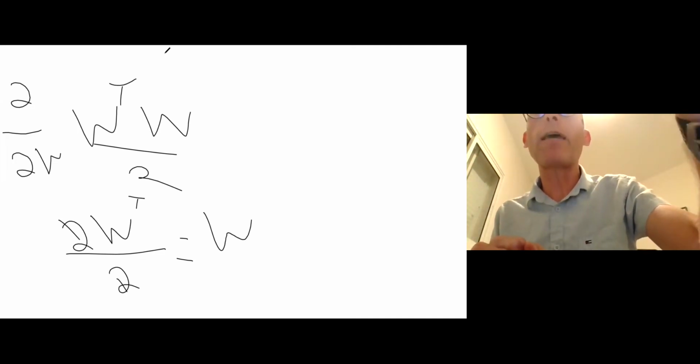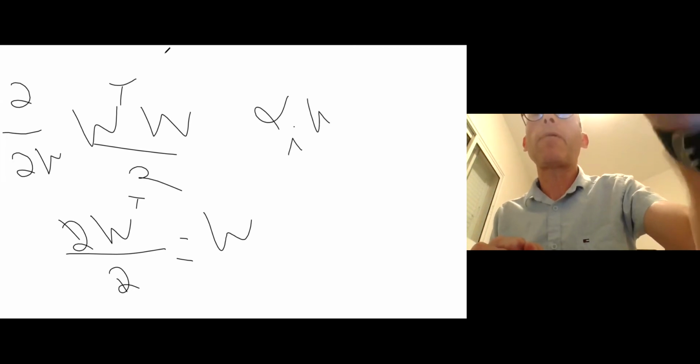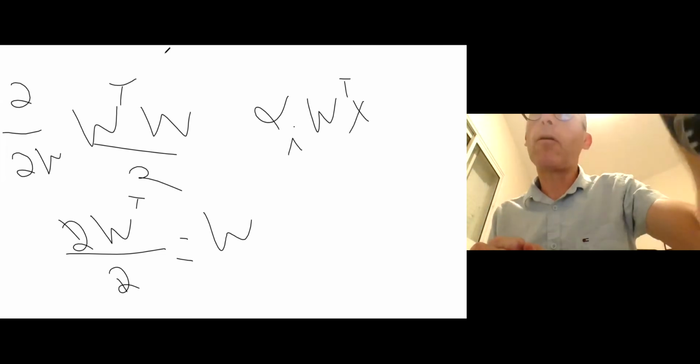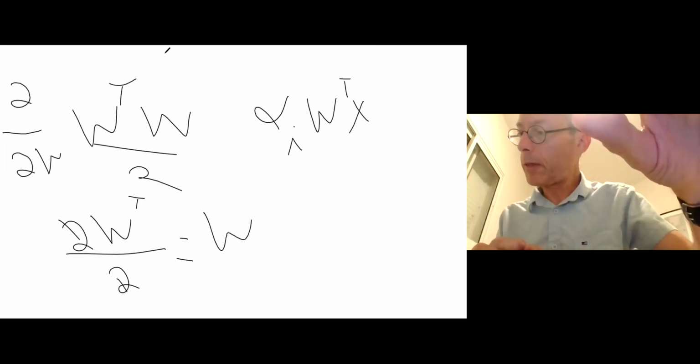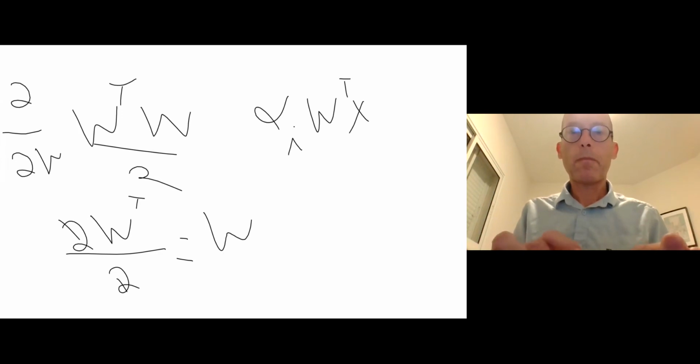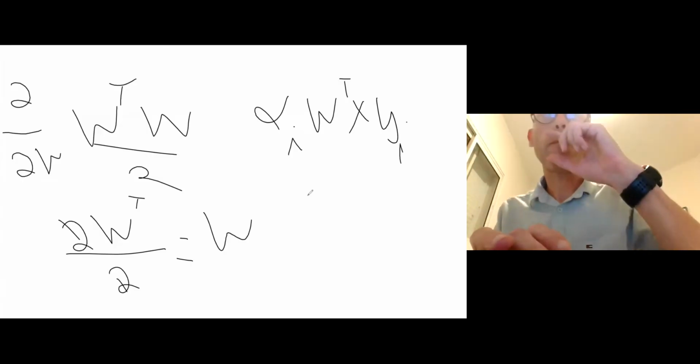So for each i, we have alpha i, W transpose x, and also it is times y i.